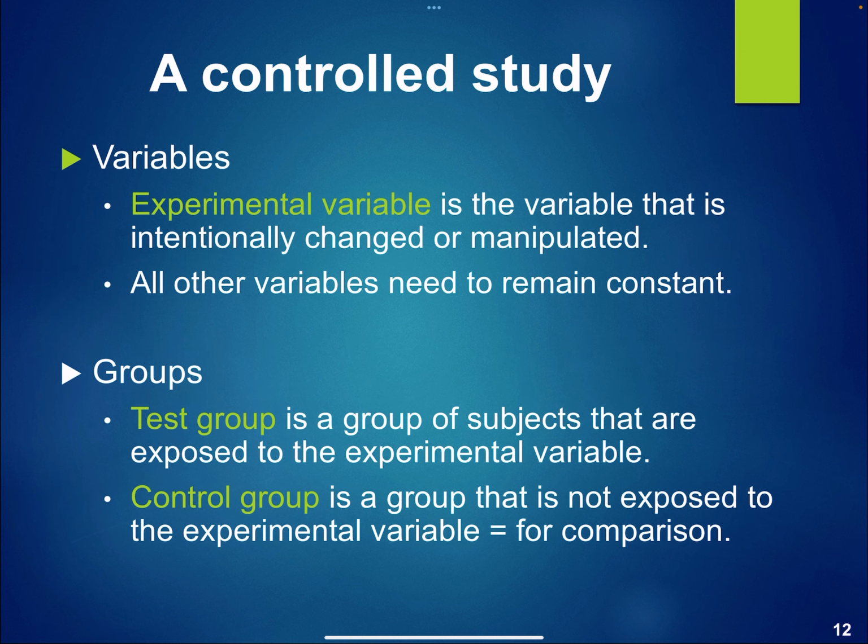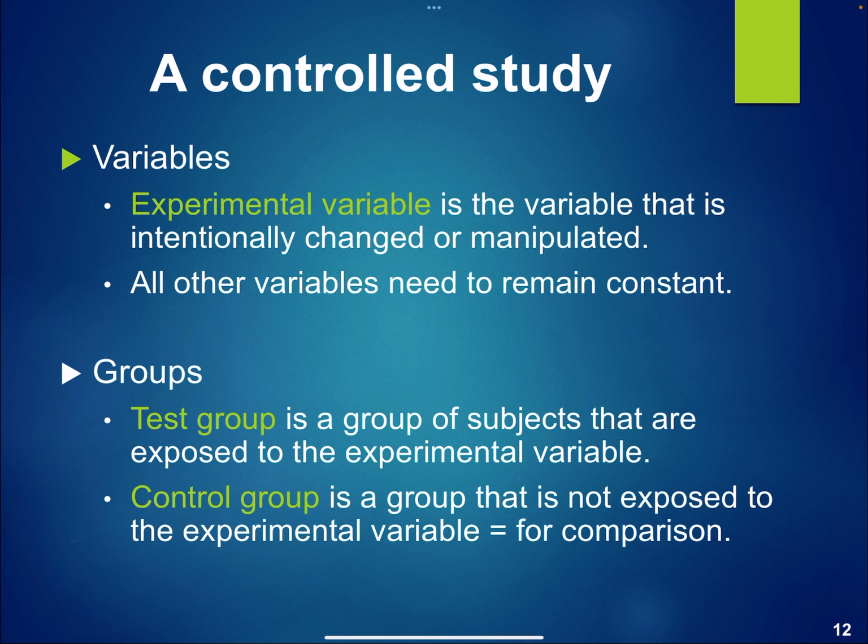So to find that, scientists are going to work with a group of people. Say we have a group of people with stomach ulcer, right? We are going to prescribe to this group of people antibiotics. This antibiotic is going to be the experimental variable, right?